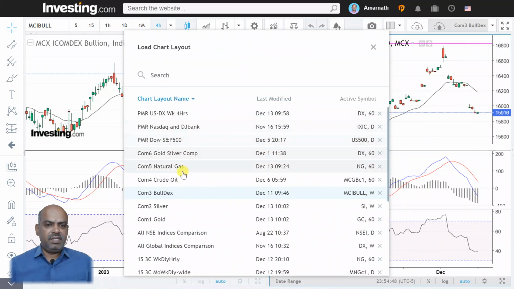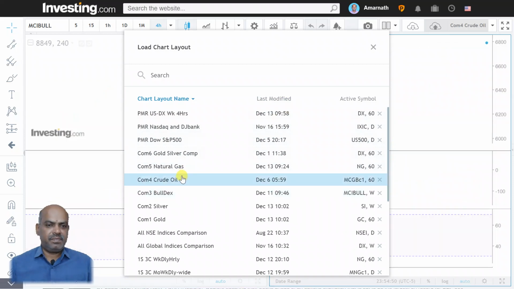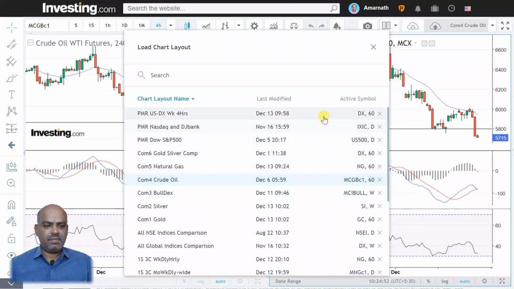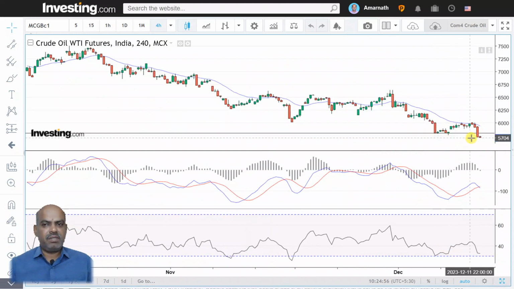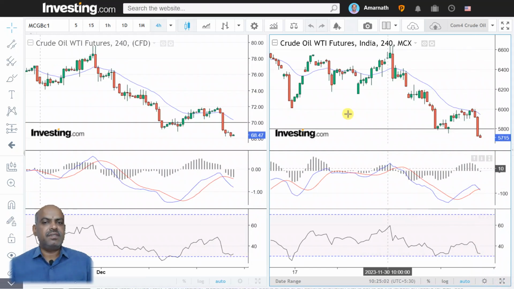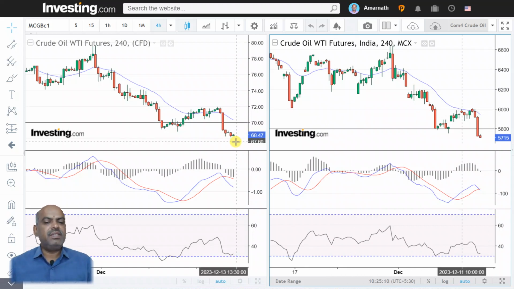Now we will see crude oil. Crude oil is on the downside, the possibilities are more. 57,500 would be the next downside target and that would act as a support. Similarly, in dollar terms, 65 would be the support.